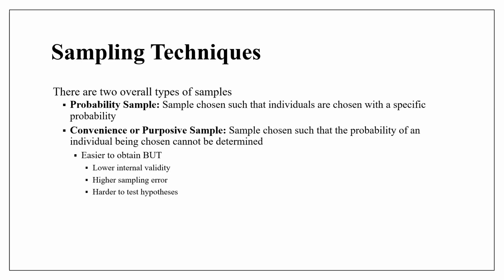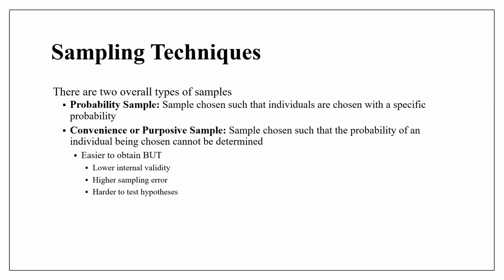Overall, there are 2 types of samples. We have probability samples, which are samples chosen so that individuals are chosen with a specific probability. And then we have convenience or purposive samples, which are samples chosen such that the probability of an individual being chosen cannot be determined.